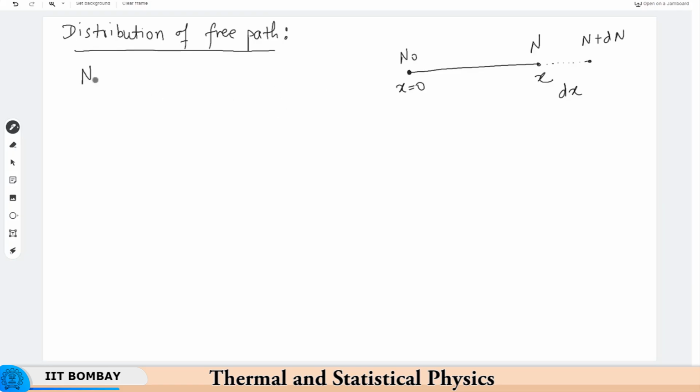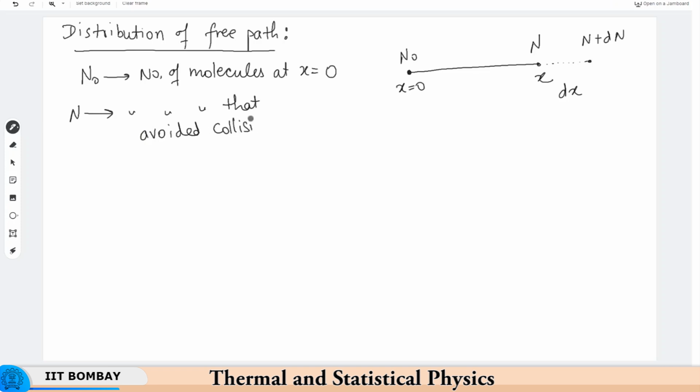Say n0 is the number of molecules at x equal to 0. n is the number of molecules that avoided collision at position x, and n plus dn is the number of molecules that avoided collision at position x plus dx, right.